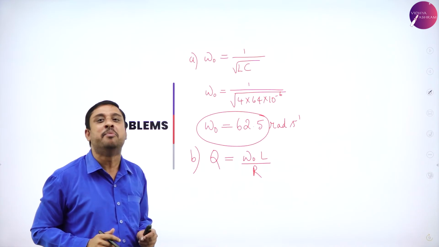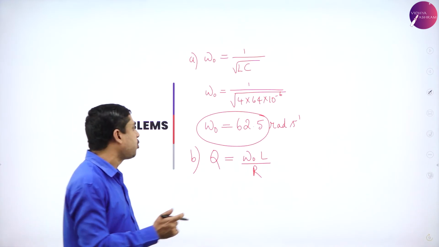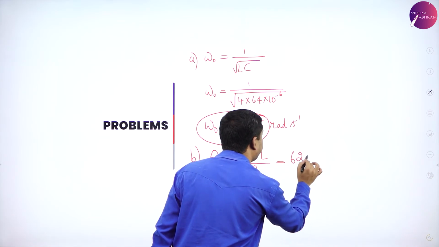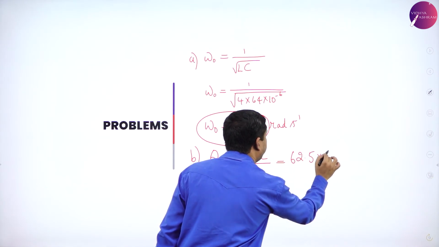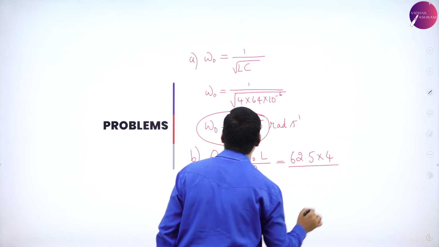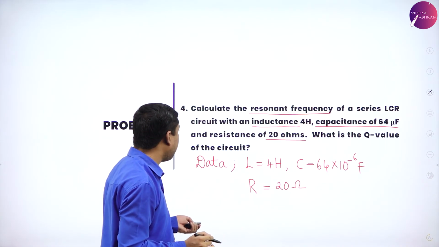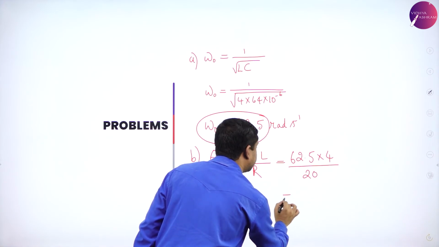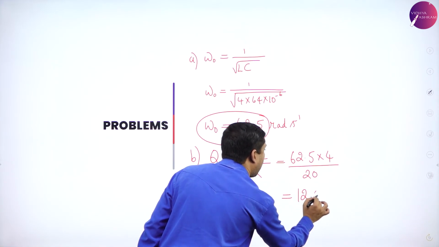So I am showing one more method to calculate quality factor. 62.5 into 4 divided by R, where R is 20, and this turns out to be 12.5.